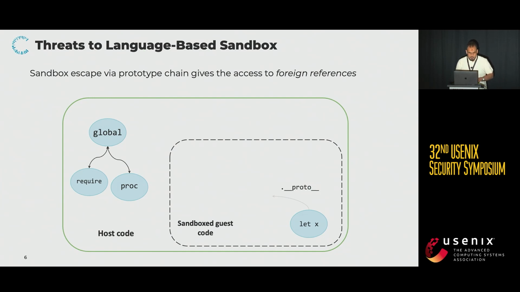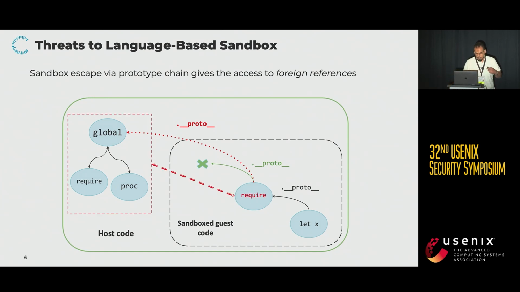Through the prototype chain, whenever we have a successfully implemented sandbox, it will block accessing outside the sandbox. But whenever the attack succeeds in reaching foreign references, it will be catastrophic, since it will be able to escape and access the global object, and therefore can call very powerful APIs by creating a channel between the sandbox and the host code.